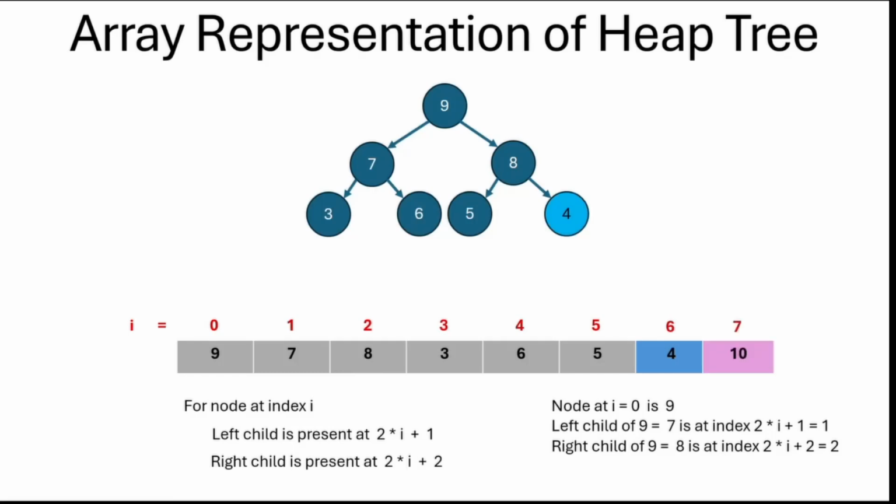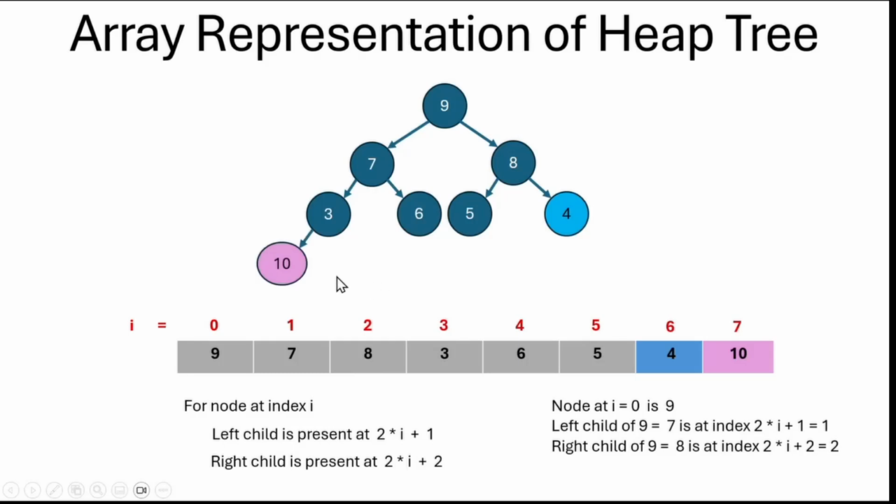Let's say we insert a 10 and it is at index 7. So index 7 is odd, so it is a left child. Left child of what? 2 into I plus 1 equal to 7. 7 minus 1 is 6. 6 divided by 2 is 3. I equal to 3. So at index 3 is 3. So it is the left child of 3.